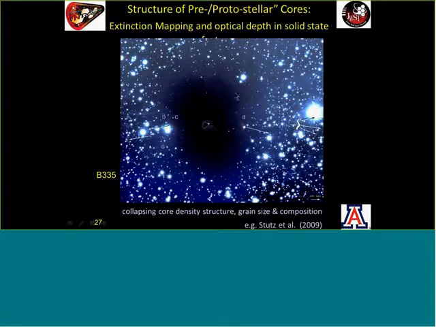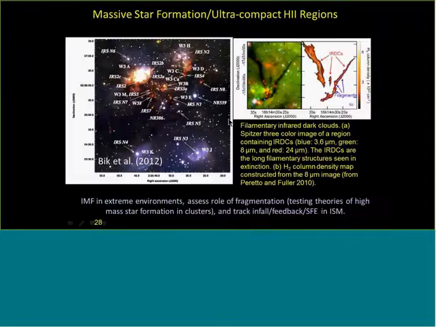And with JWST, we're going to get very clean extinction curves, both in and out of ice features. And we have enough sensitivity that even in something that looks as dense as this, we'll be able to get profiles of extinction as a function of radius in the globule.